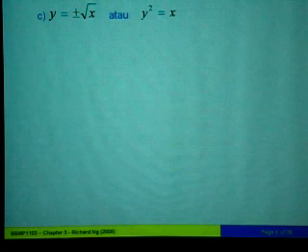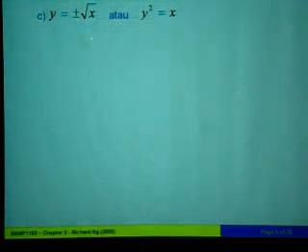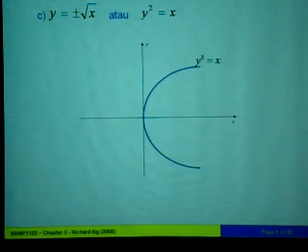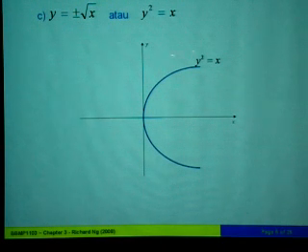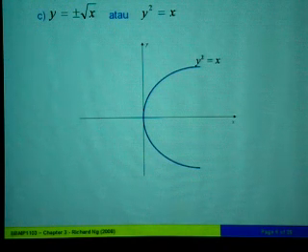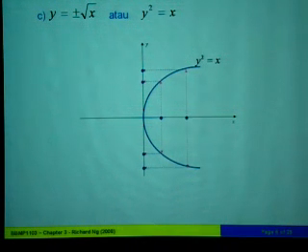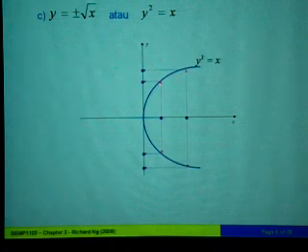Next example, we are given y equals the square root of x. The first step is to bring the square root to the left side. So we will have y squared equals x, and then we sketch the curve. We will get the curve as shown in blue, y squared equals x. What you need to do is find one input on x, draw the dotted line to the curve, and then plot against the y-axis.